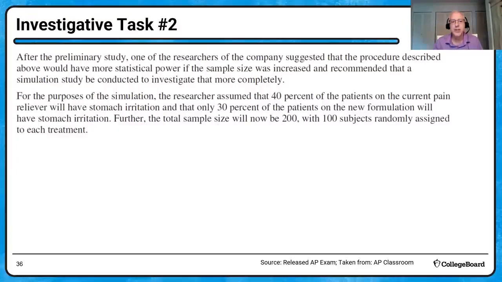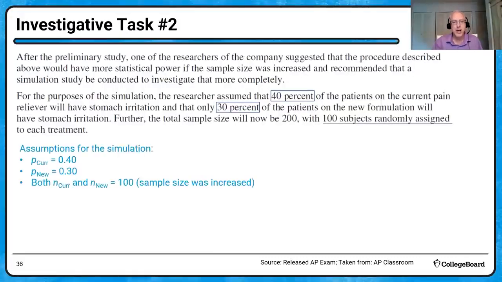For the purposes of the simulation, the researcher assumed that 40% of the patients on the current pain reliever will have stomach irritation, and then only 30% of the patients on the new formulation will have stomach irritation. Further, the total sample size will now be 200, with 100 subjects randomly assigned to each treatment. So as a recap, they're assuming that the true proportion of patients who would suffer stomach irritation with the current pain reliever is 0.4.